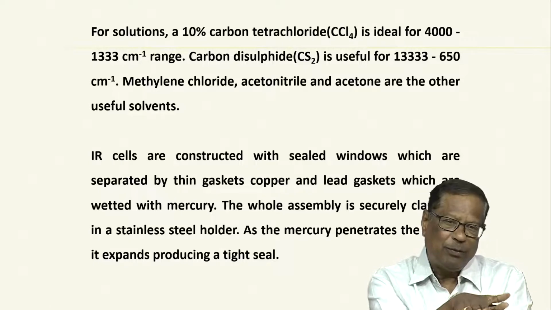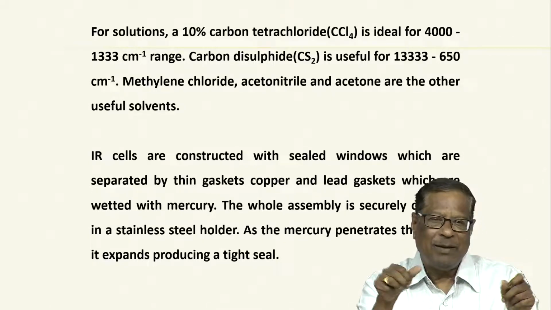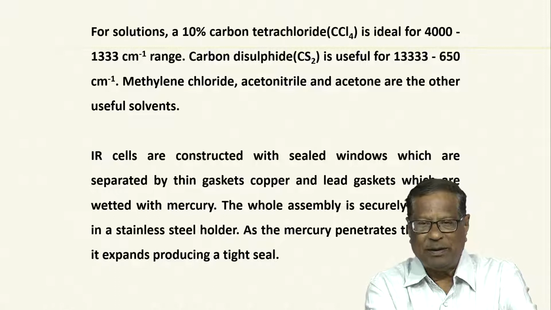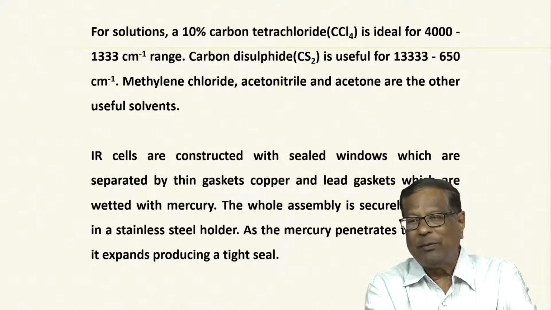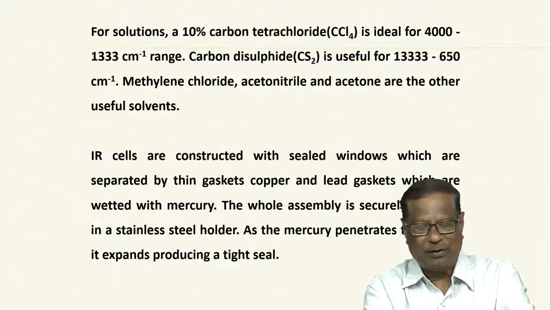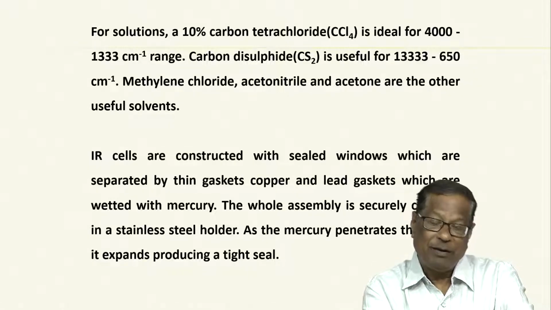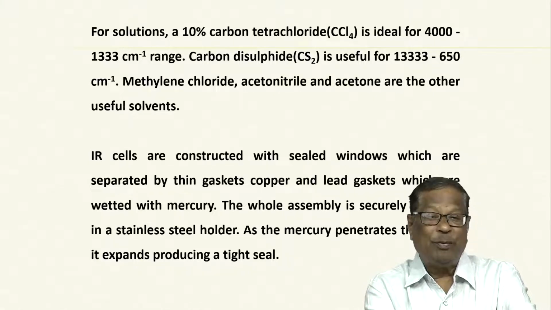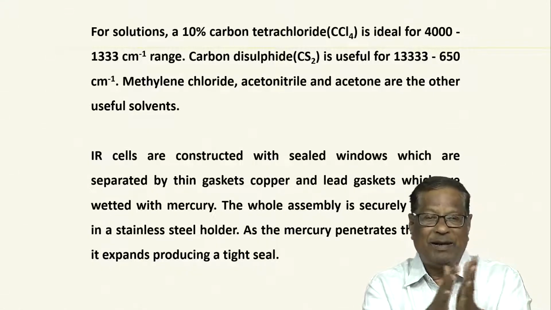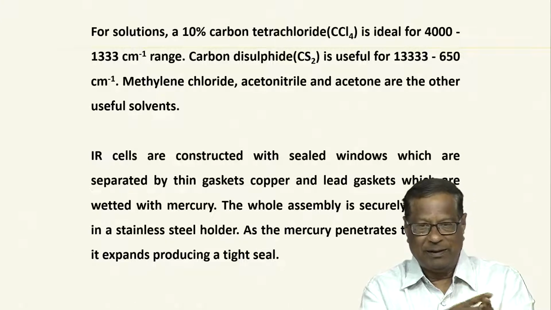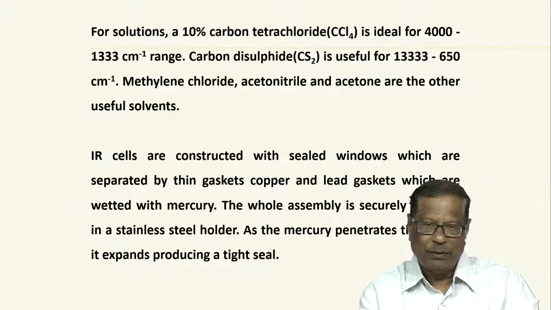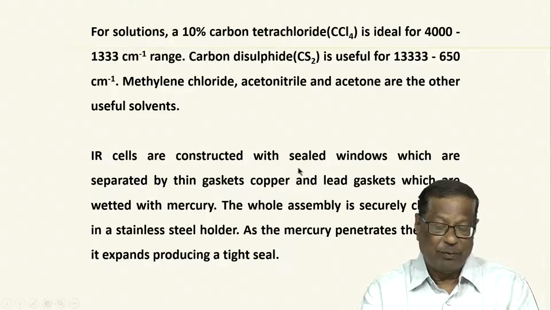On that you put one more plate of sodium chloride and seal them with a little bit of pressure. You cannot use too much pressure because the sodium chloride cells may break. Once it breaks, it is to be thrown out only. They cannot be repaired. The lead and copper gaskets are usually wetted with mercury, so that they can expand and make a perfect seal between the two plates of sodium chloride.